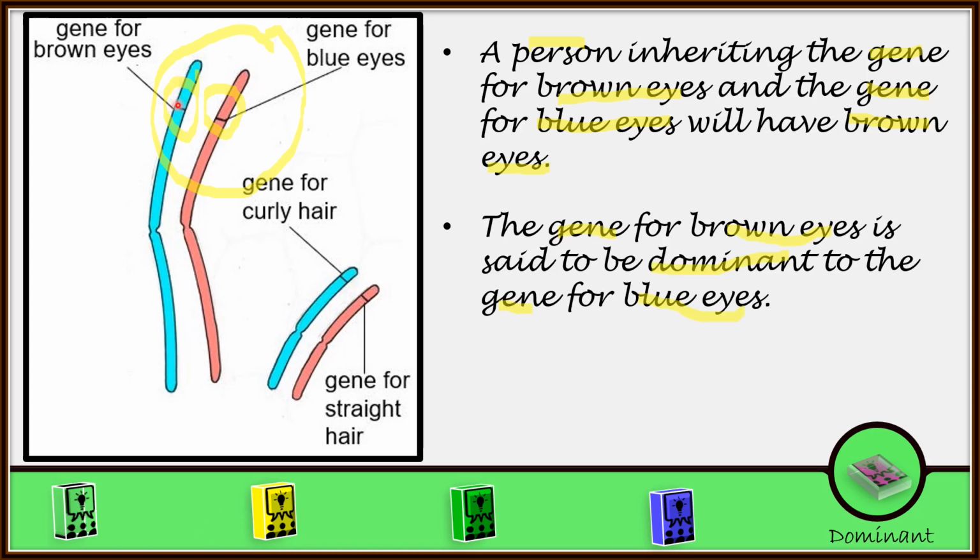So if this person inherited the gene for brown eyes, which came from the male parent, and he inherited the gene for blue eyes, which came from the mother's side, this person is going to become brown-eyed, because the gene for brown eyes is dominant to the gene for the blue eyes.